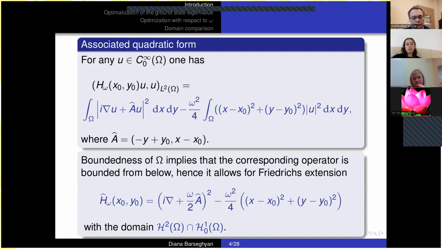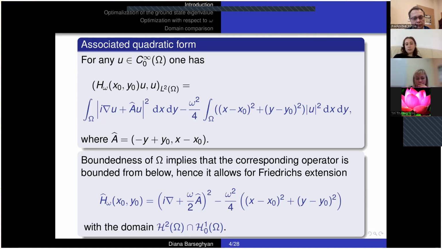Therefore, in this situation, since we have a quadratic form bounded from below, and also, of course, one can check that this Hamiltonian is symmetric, then from the theory of self-adjoint operators, one can guarantee the existence of the self-adjoint extension of H omega x0, y0, extended from the case when u belongs to C0 infinity.